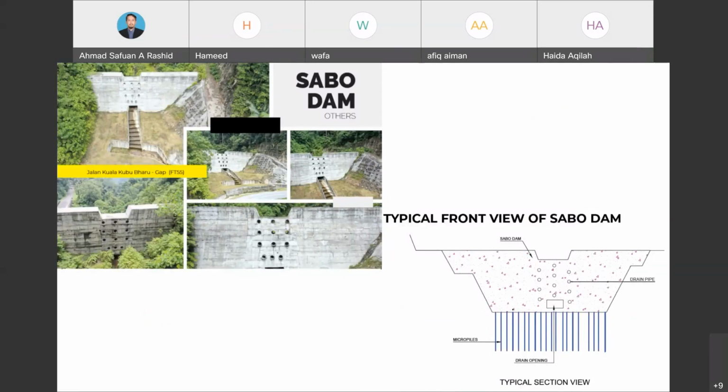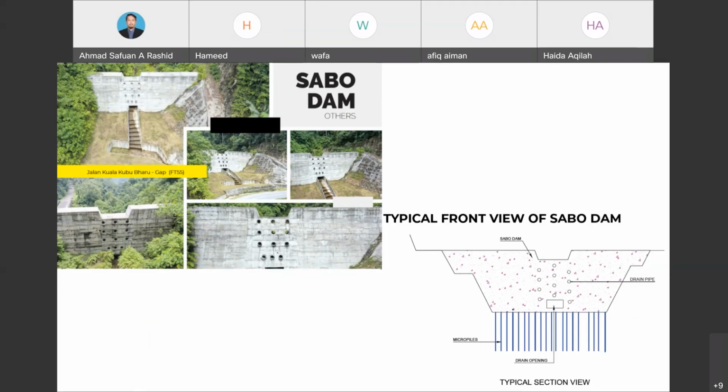How do we know which one to use? It depends on our analysis. For example, if we did the analysis and it fails, then we need to try to improve by using any type of improvement method. It may also relate to budget costing.